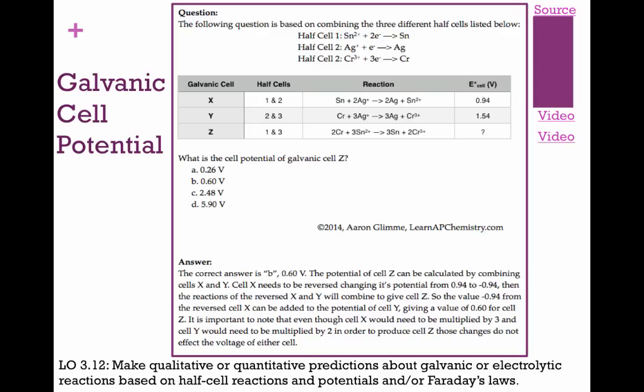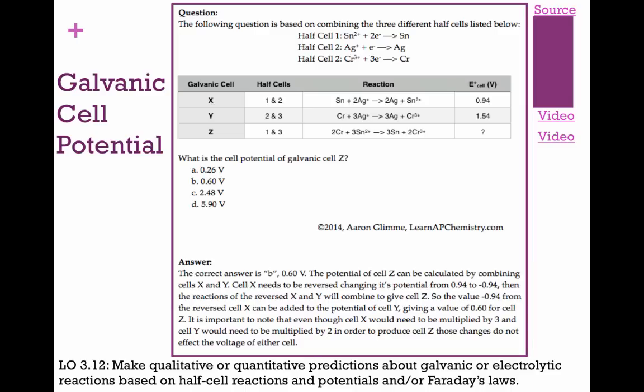When you are exactly at equilibrium, the voltage of any cell is 0. So if you are at equilibrium and your voltage is 0, your cell is dead. So you don't want to be at equilibrium because that means that your cell is not going to work. So a battery is going to have a very large equilibrium constant, a very negative delta G. But the closer to equilibrium we get, the lower the voltage becomes.